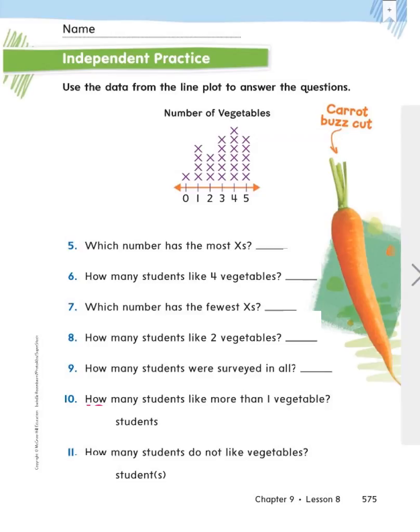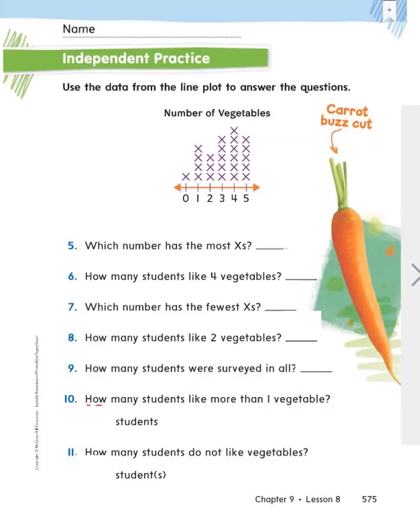Number 9, how many students were surveyed in all? Number 10, how many students like more than 1 vegetable? And number 11, how many students do not like vegetables? Pause it if you need time to go over your answers.